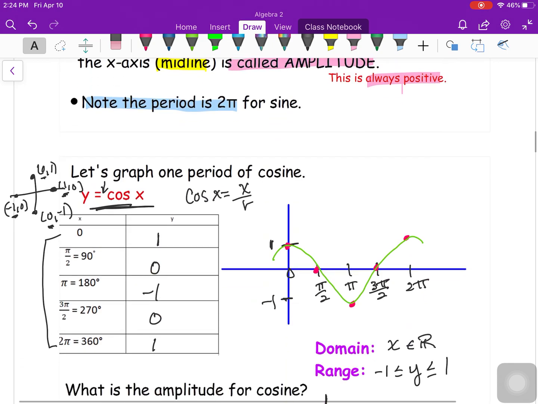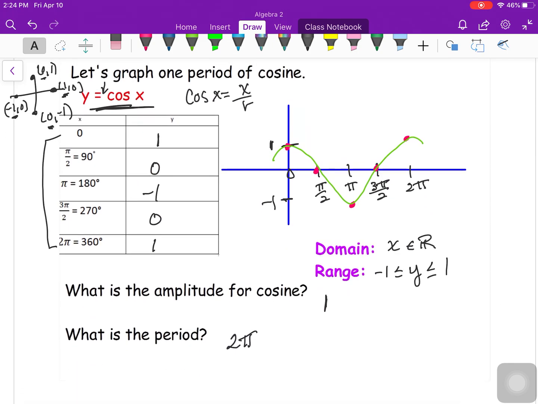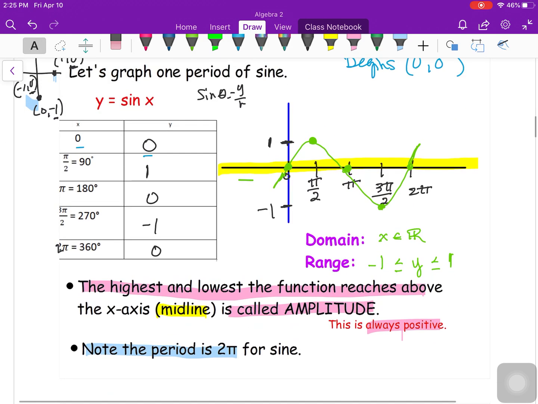When it comes to cosine, it began at 0, 1 for our period. And notice since we're starting at 0, 1, that is called up. We always come back to the midline 0, down, back, up. The same happened with sine. But sine began at 0, 0. So then we went up, back to 0, down, back to 0.